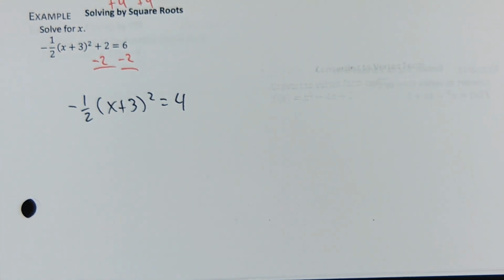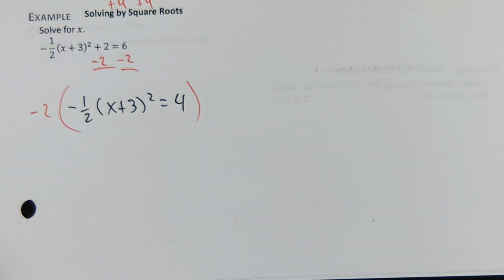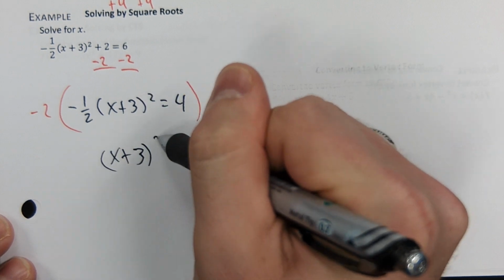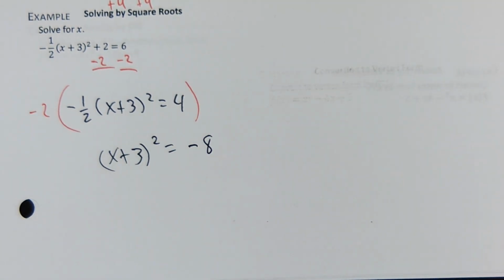Last time we multiplied both sides by 2. What are we going to multiply by now? -2. That is going to leave me with x plus 3 squared on the left. But on the right, I have -8.